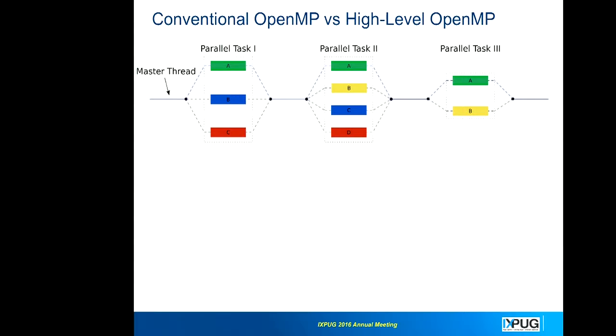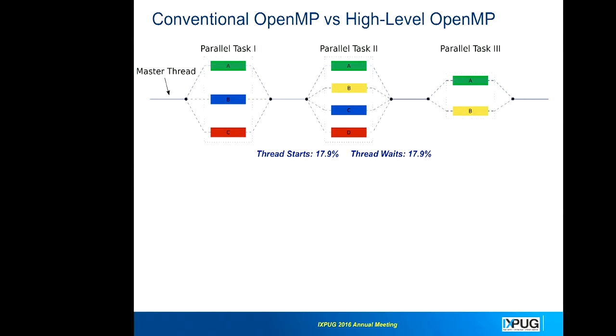With conventional OpenMP, as most of you know, you have your parallel tasks where you put your pragmas: you start your parallel region, close it, start it, close it, in whatever subroutine you're doing. That tends to have very large thread starts and thread waits, which can go up to 30% or more.